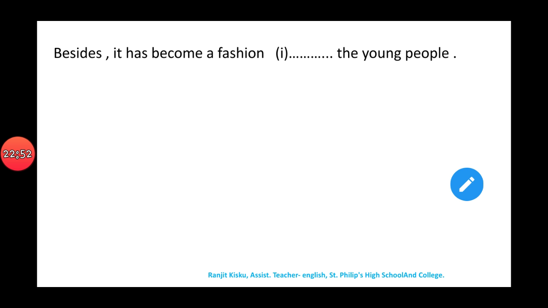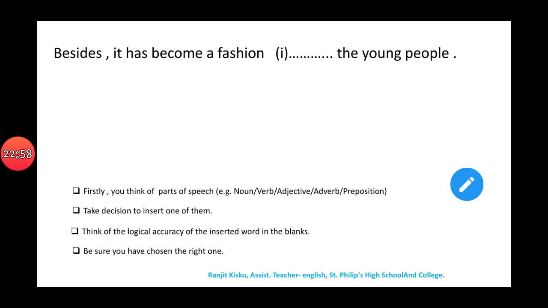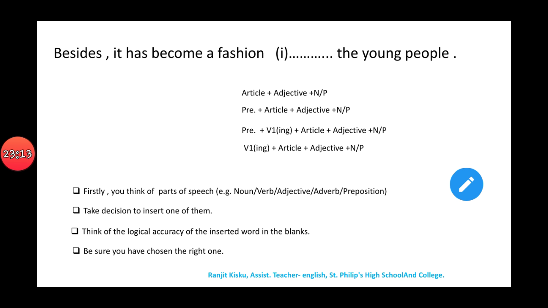And our next sentence: besides, it has become a fashion dash the young people. First of all, you have to think of the parts of speech, then take a decision to insert one of them, and justify whatever is said before. Okay, let's see the structures. Phrase structures. We will use this phrase: we have a subject word, noun, adjective, and article. Before that, we need a preposition.